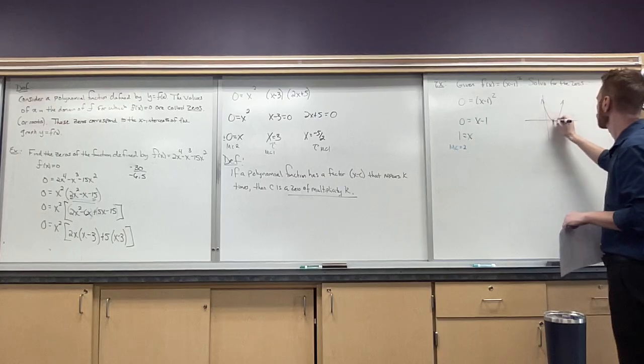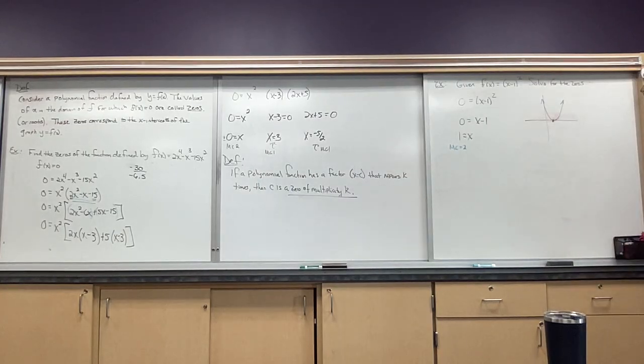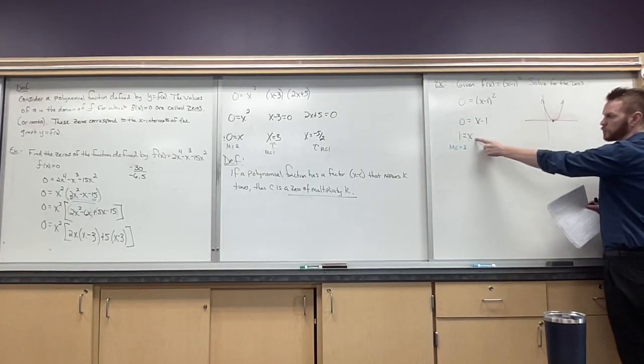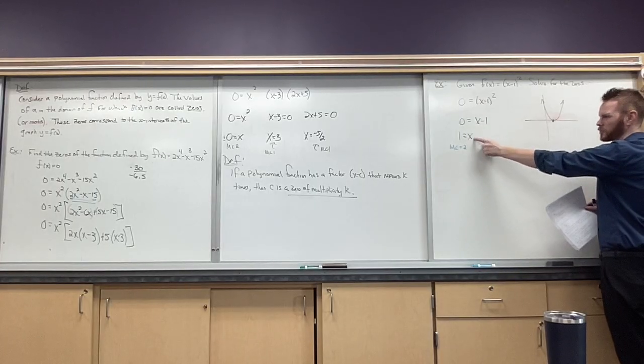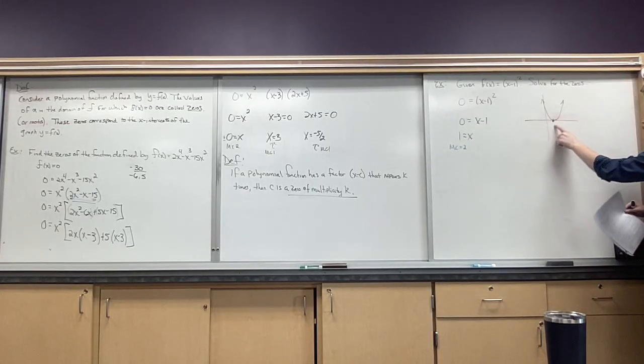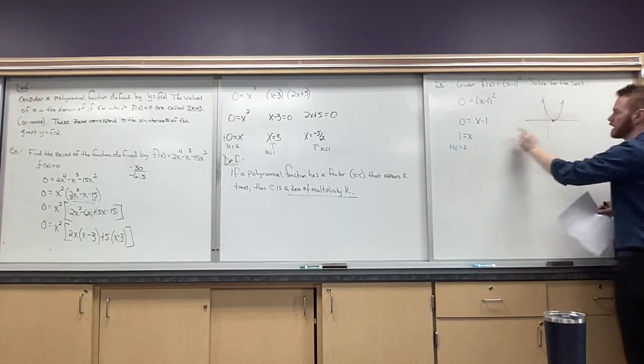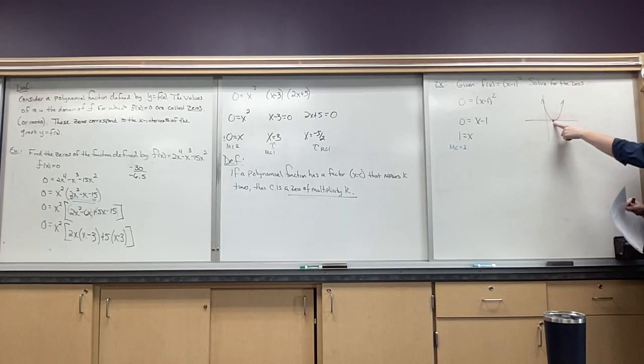So there's what the graph looks like, right? Just a general rough graph of it. Well, is the x-intercept, root or 0, at 1? Yes. Well, with a multiplicity of 2, what that's telling you is that it's not going to cross the x-axis. It's going to touch it, but won't go through it. Okay?